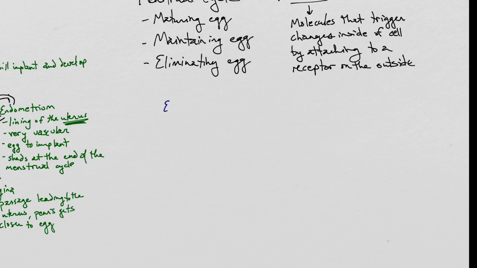The first 2 you've heard of because we already wrote them: estrogen and progesterone. So estrogen thickens the endometrium, triggers your cells to build up more blood vessel connections and produce more cells and make more mucus and things like that.